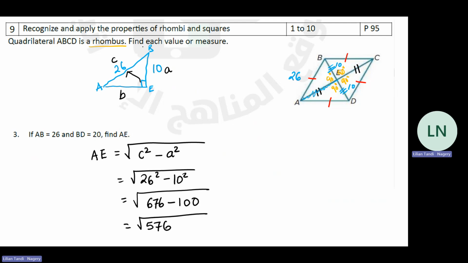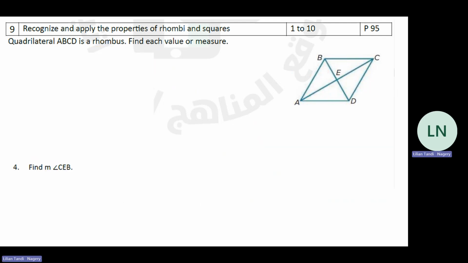Are we rounding? Okay, let's simplify. The square root of 576 is 24. So this can be simpler, and it's 24. And because this is a line, you have to write units. And you box your answer. Okay, let's move on.